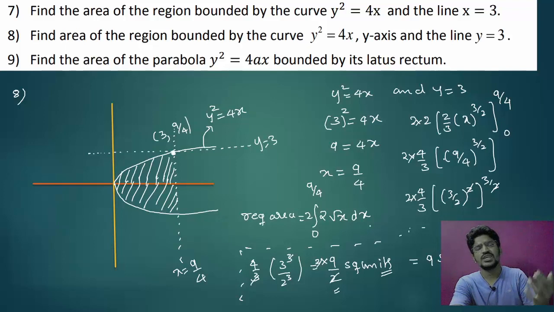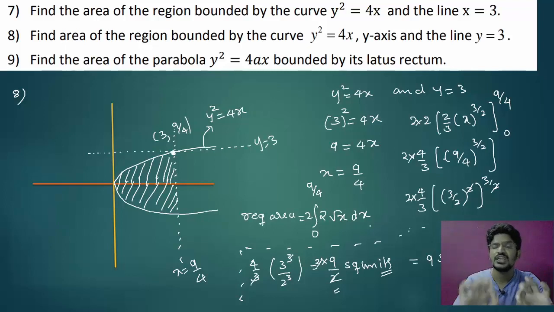Okay, so yesterday we just calculated the area in the shaded portion, because that was only in the first quadrant, but they have not mentioned first quadrant in the question. So we have to calculate in both the quadrants.